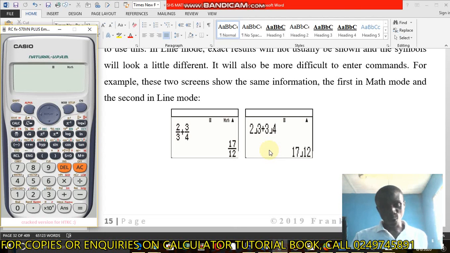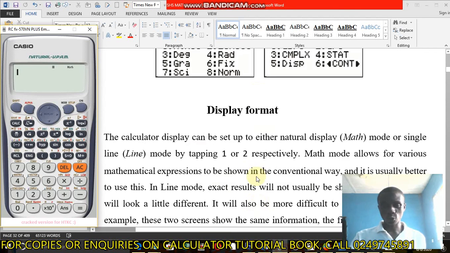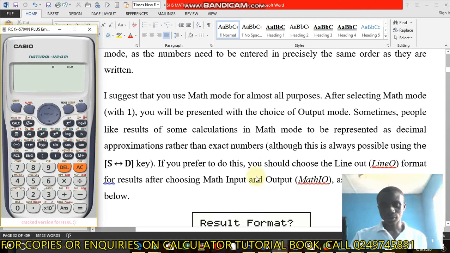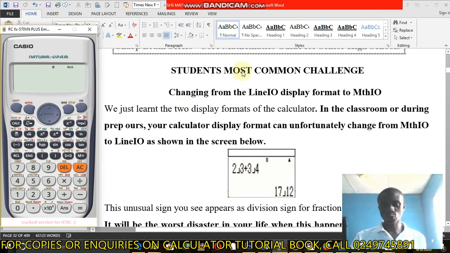Also, we can change our calculator from line mode to math mode. So in the examination room or in the classroom where we face that challenge, we should be able to solve it. In fact, that is most students' common challenge, changing from the line IO display format to math IO. Today, we have been able to achieve our aim.